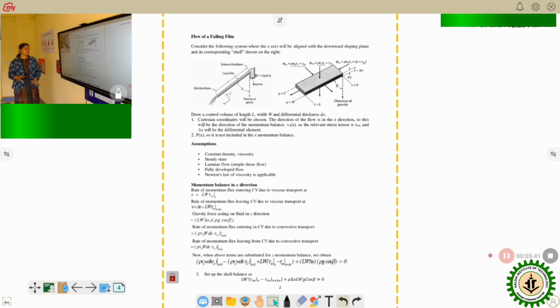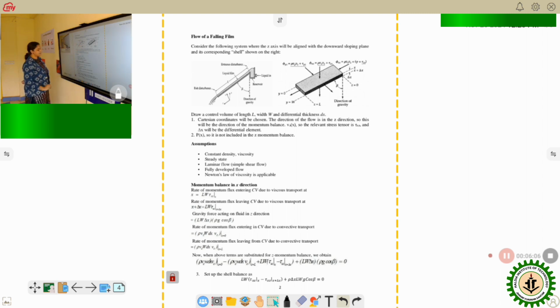So summing all the equations, we got the equation and then set up the shell balance, where the convective momentum transport, Vz, the velocity distribution, is the same at z equals 0 and z equals L also.